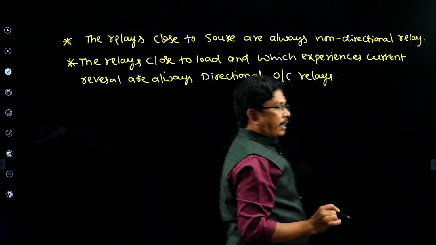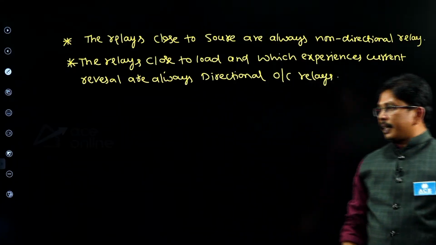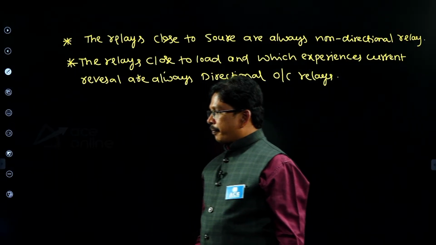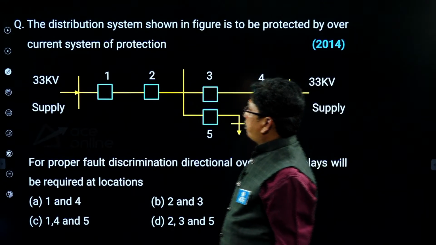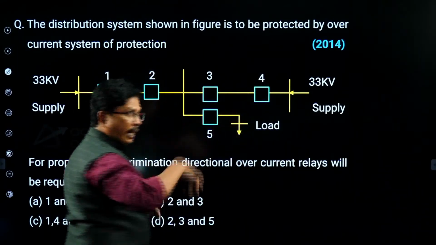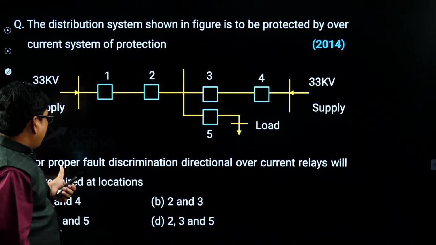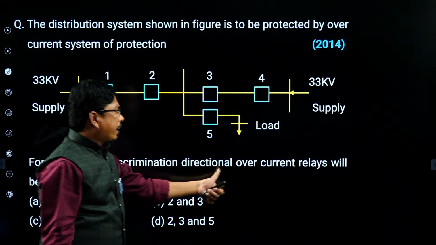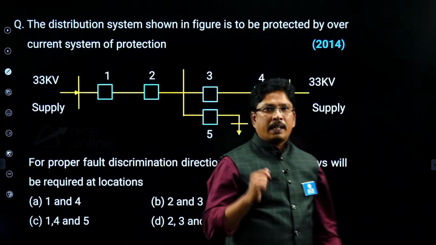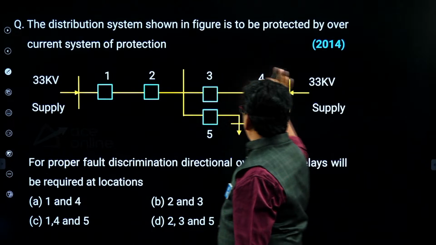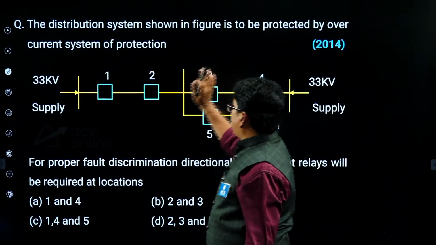Right, students? The relays placed close to the source, 1 and 4, are non-directional, but they are asking for proper fault discrimination. Which are the directional overcurrent relays? At the source, 1 and 4 are non-directional; then 2, 3, 5.